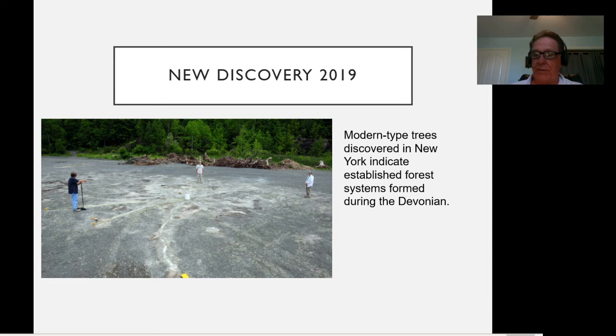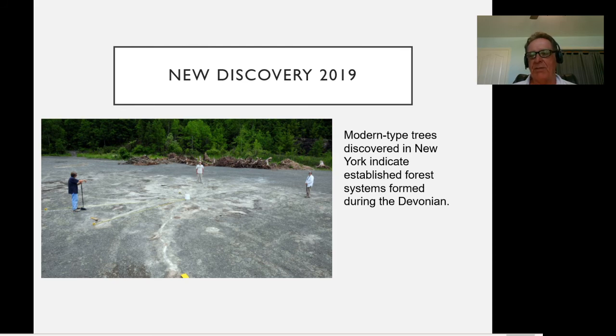But there was a new discovery made in 2019 up in New York, and they found big trees. So you can see this is a tree root system, or fossil tree roots extending out, with the human for scale. So these must have been fairly sizable trees. And not only that, they were modern type trees. And by modern type trees, I don't mean indigenous trees, but they had root systems.